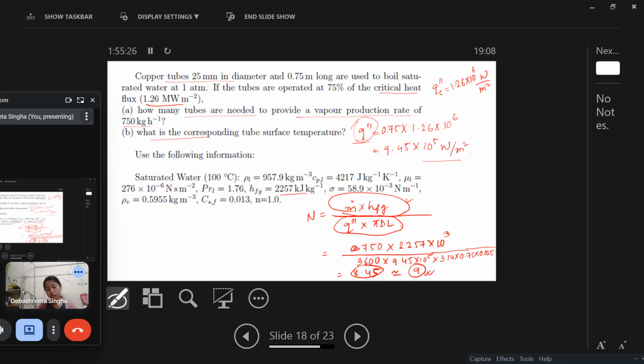Then the next question is, what is the corresponding tube surface temperature? That means T_s. This is a situation of boiling only, used to boil saturated water.